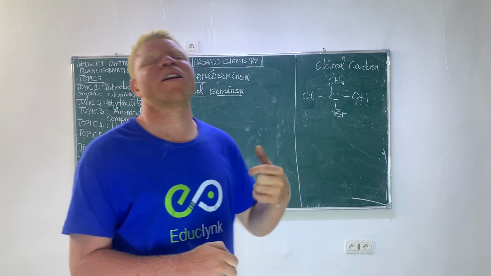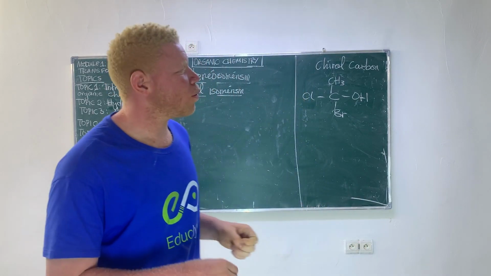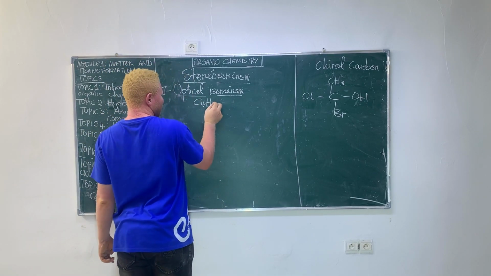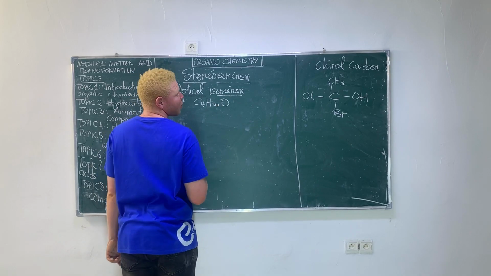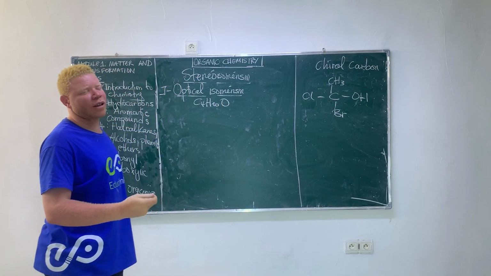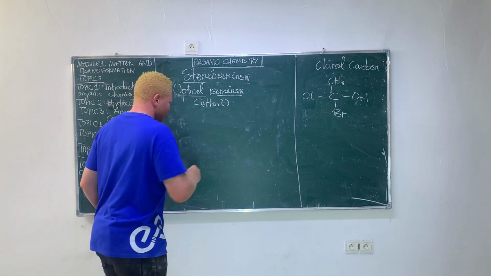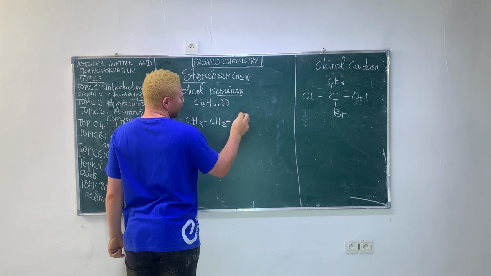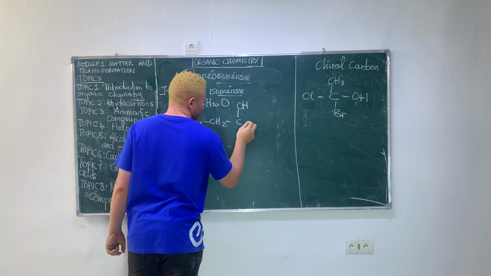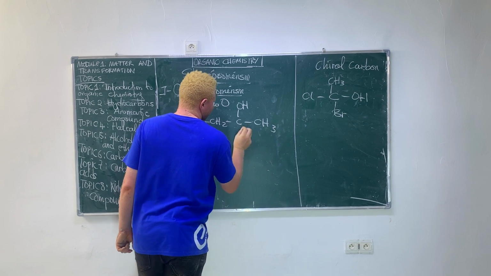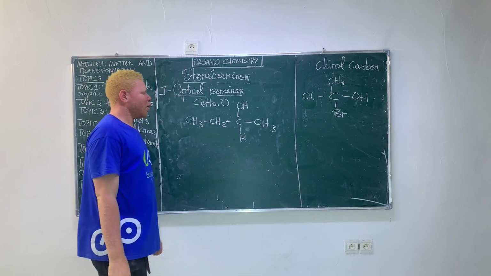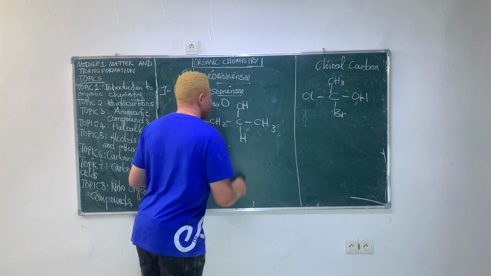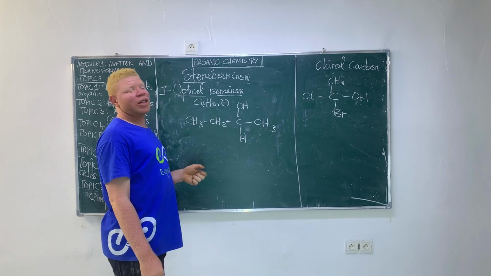So let's consider the molecule C4H10O. Let me rearrange the molecule: CH3, CH2, CHOH, CH3. The compound contains a chiral carbon.